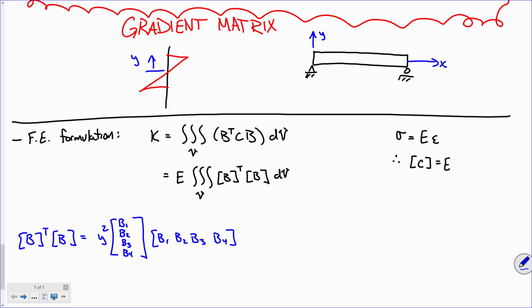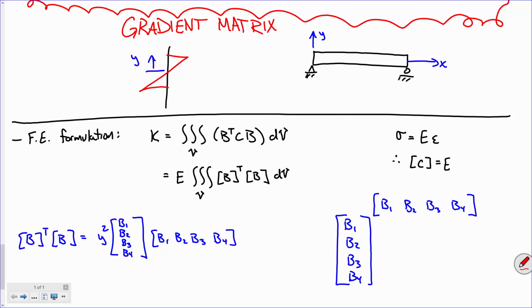Okay, now, how do I take this matrix and multiply it by that? What's the resulting size going to be? 4 by 4, right? Because I take this one on the left, take this one up top. So what does that look like? If I put B1, B2, B3, B4, and then B1, B2, B3, B4.